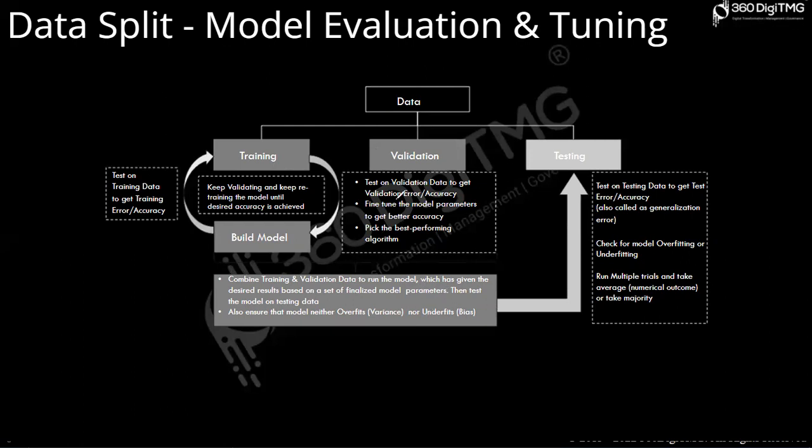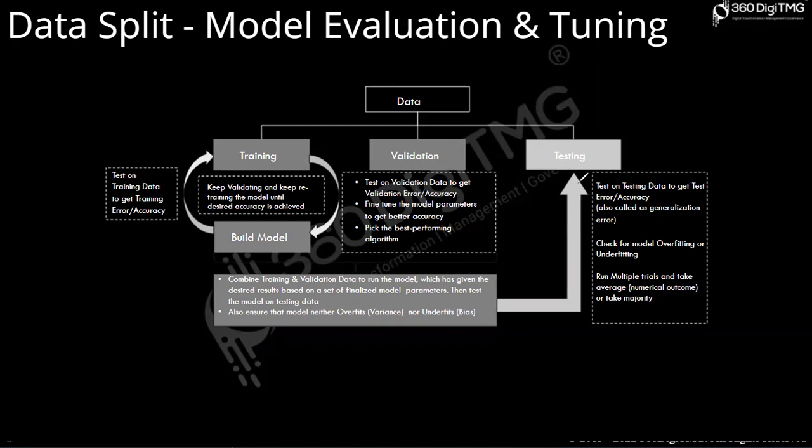The fine-tuned parameters that we have got, we are going to take and run the final model. Then test the model on testing data. Also ensure that the model neither overfits nor underfits. These are very important.